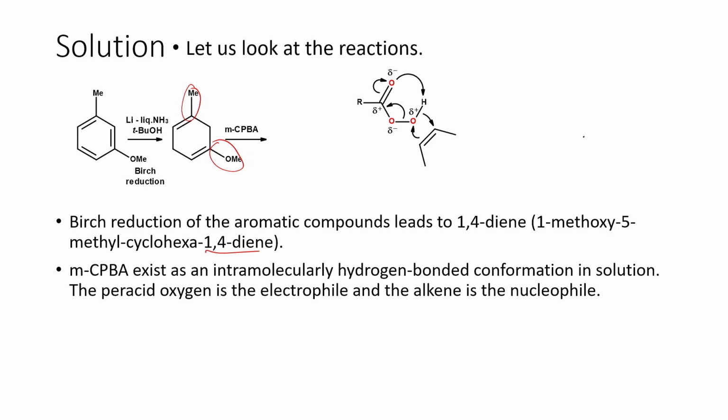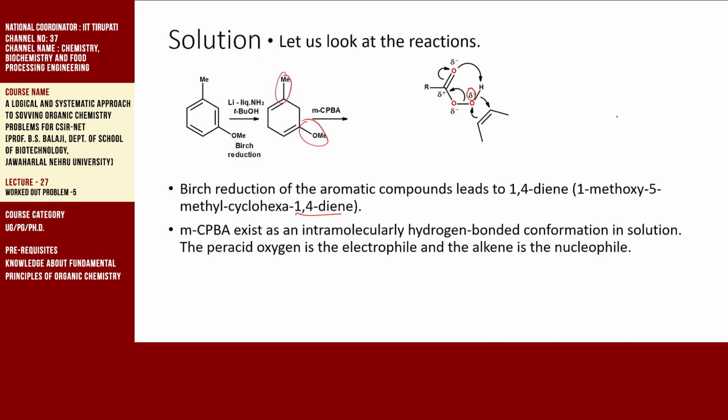In the solution, we have three oxygen atoms. Although oxygen is electronegative, in this particular peroxy acid one of the oxygens has a delta plus charge. In other words, one of the oxygens is electropositive in nature.